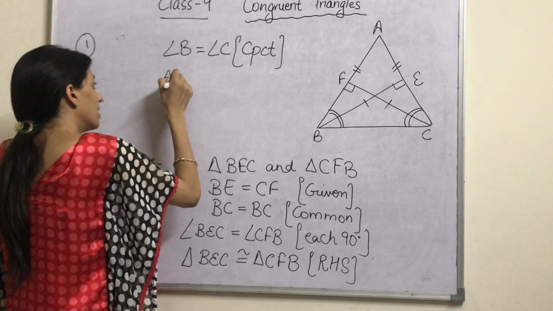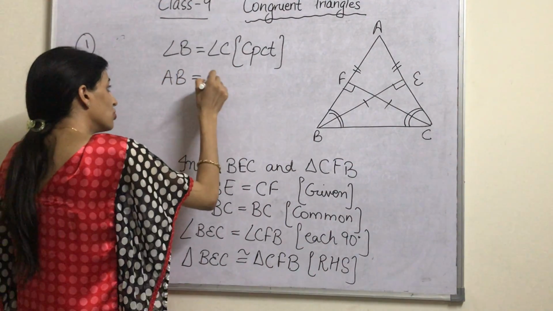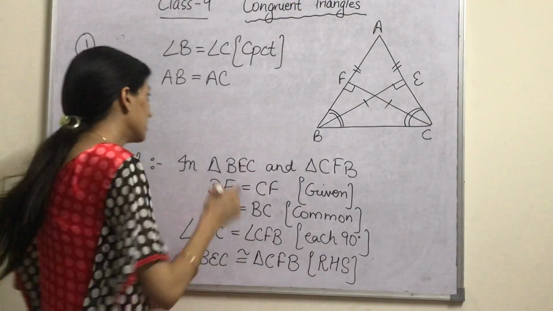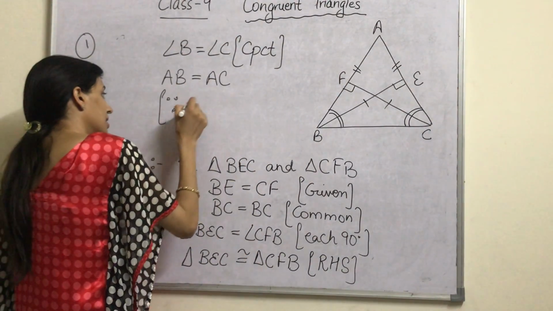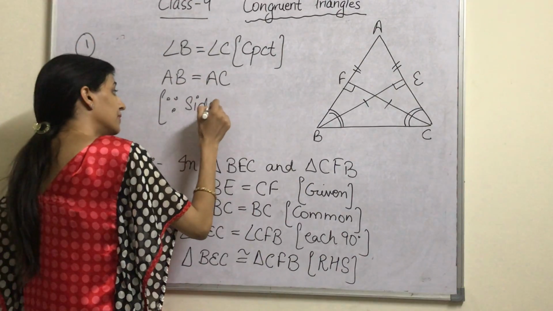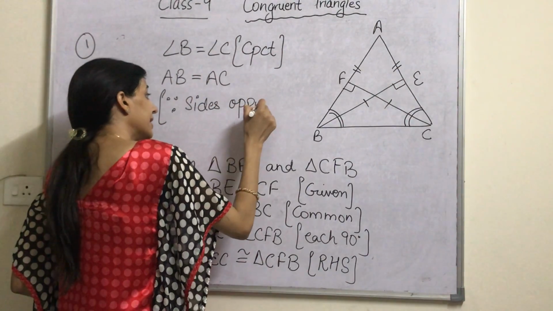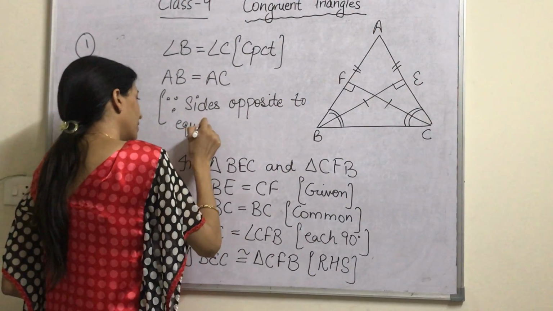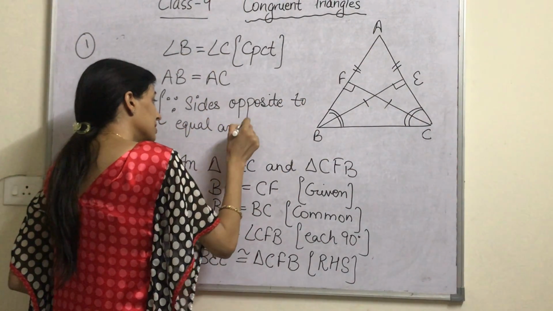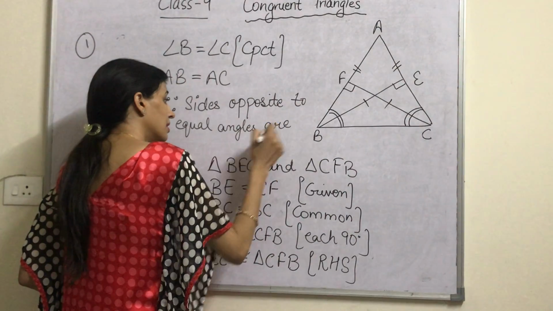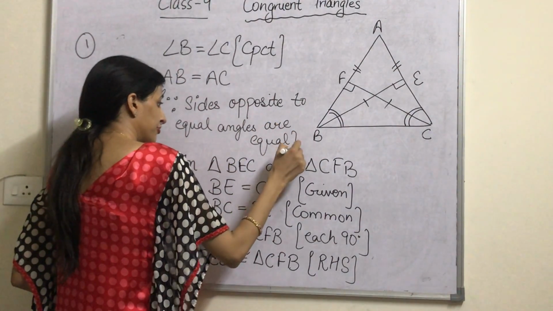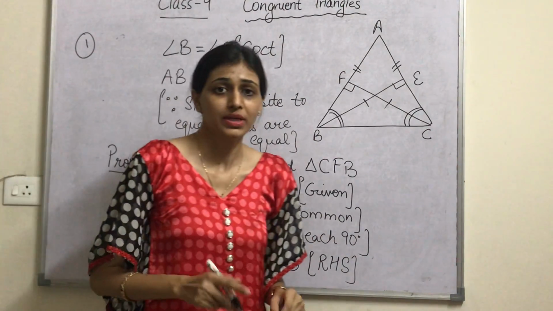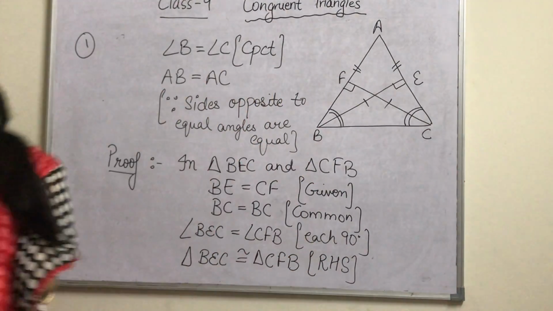Therefore AB equals AC, because sides opposite to equal angles are equal. Don't forget to write the reason. Therefore, AB is equal to AC, hence proved. Let's do another question.